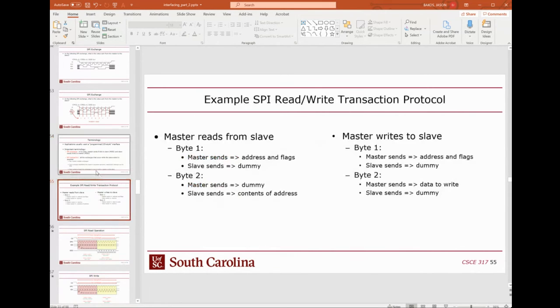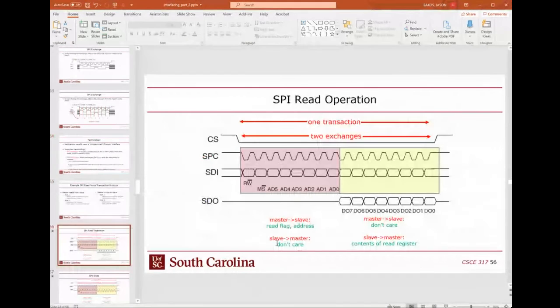We're going to build this other transaction protocol on top of it, and since it's not standardized, it depends on the application. So in this case, we're saying that the first bit of the first exchange from the master is a flag that indicates a read or write.